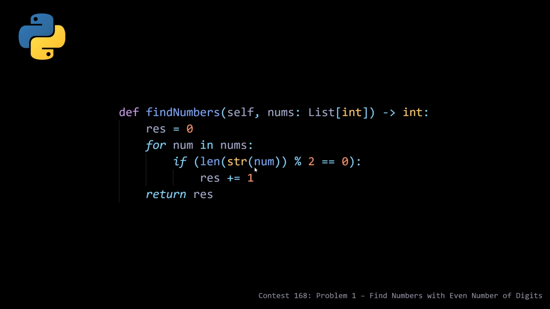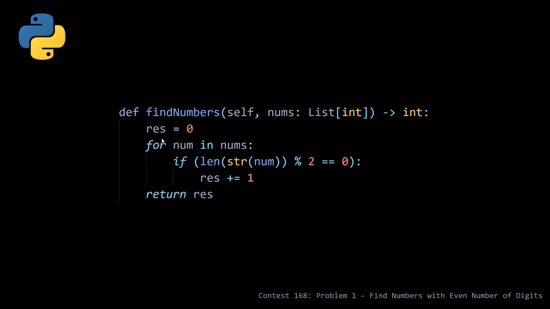Then it's taking the length of that string, and then it's using the modulus operator, 2 equals 0, to check whether or not there's an even number of characters in our string. And if we pass this conditional, we do a plus equals 1 to our result. We finish this for loop, and then we return our res variable. So this will work, but it's not the best solution because we are not being very declarative here.